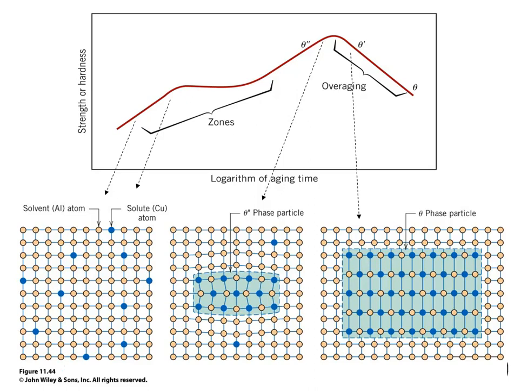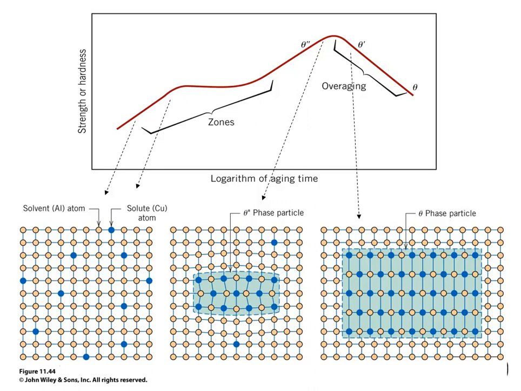So you can see how we march up the strength curve as we go from a solid solution, oversaturated, still pretty strong, which you can see on the left-hand side of that red curve. We get to about as much as we can get from that, and then we start marching up the steeper part of the curve to a peak where you see the gamma double prime, and that gamma double prime is an industry standard term that indicates a coherent precipitate.